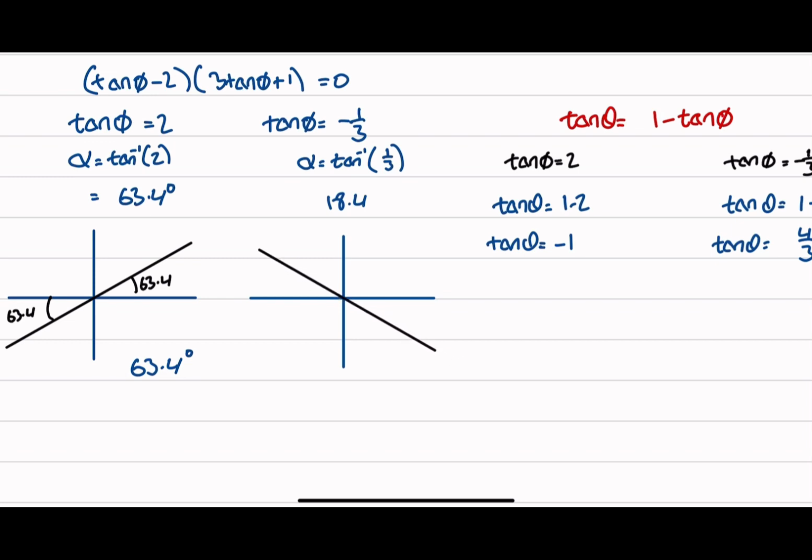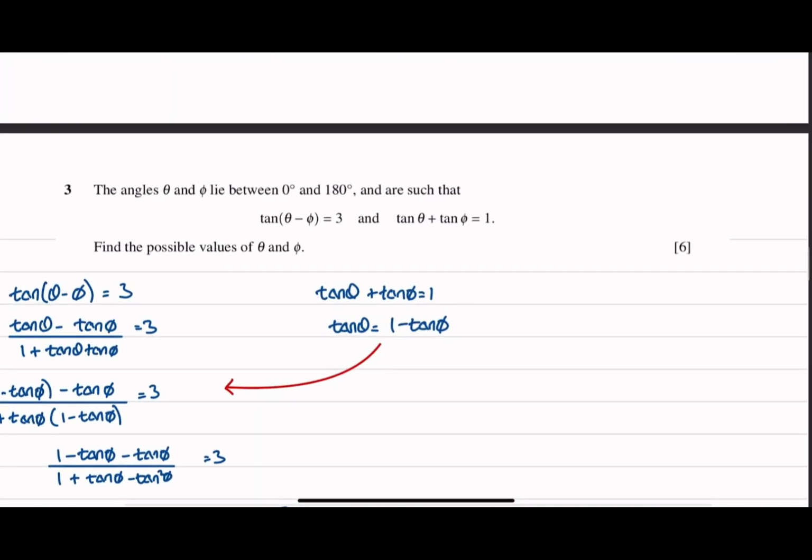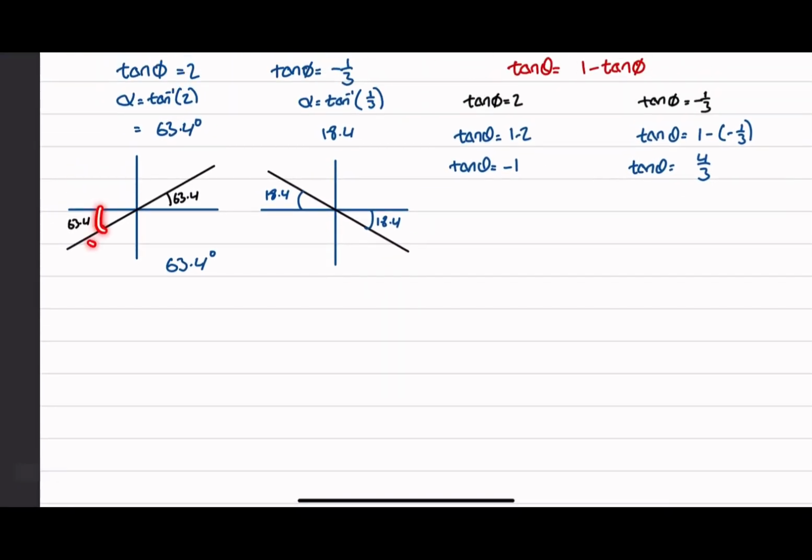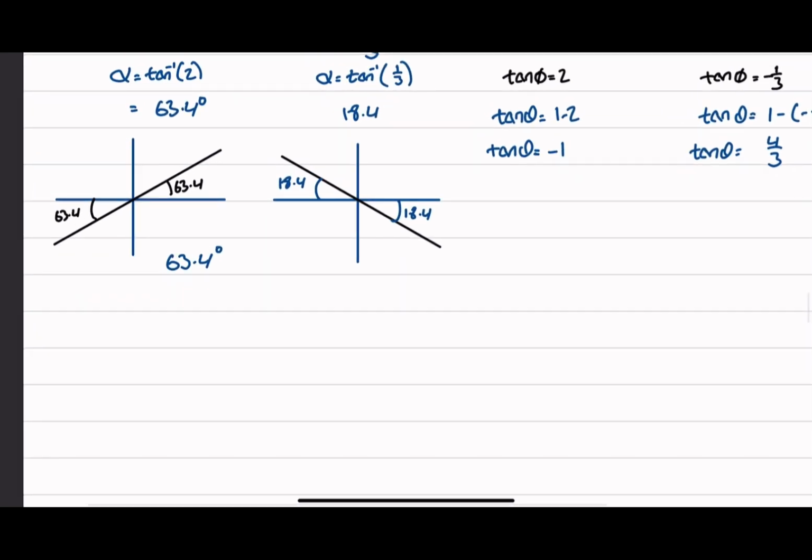So 18.4 goes out of our range, which is 0 to 180, because it starts from over here. So the only answer I'm getting from this range will be 180 minus 18.4, which gives me 161.6.